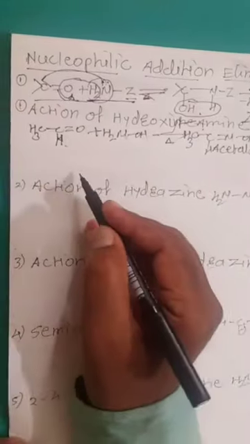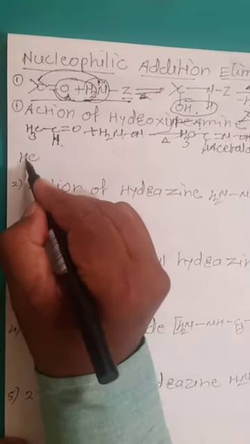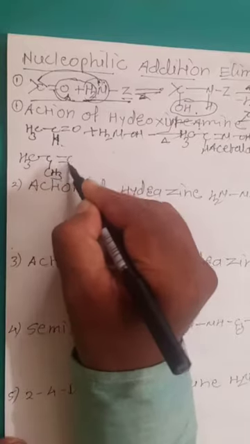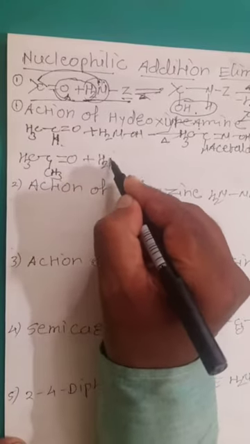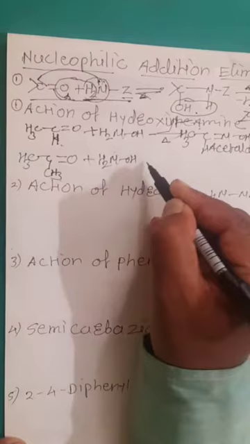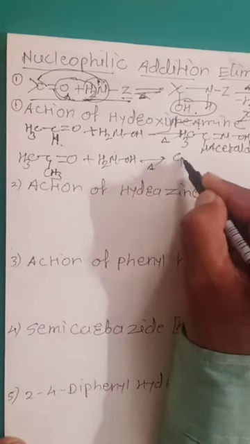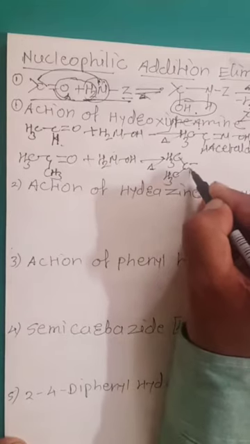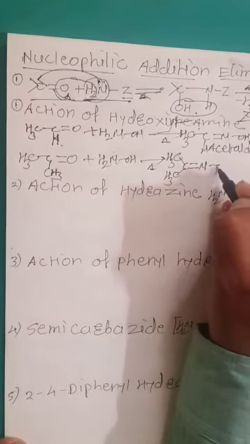So formation of acetaldoxime takes place. Similarly, when ketones are treated with this hydroxylamine, then we get corresponding oxime called acetoxime. So this is acetoxime.